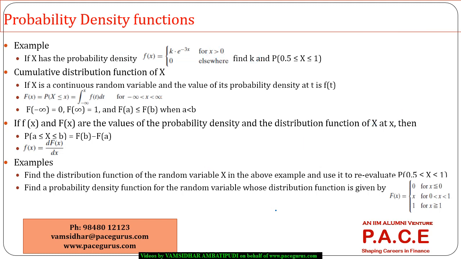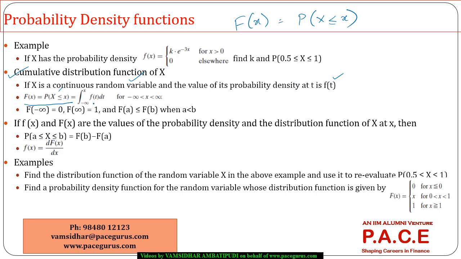Now here also, just like the way we had a cumulative distribution function in case of a discrete, where we said F of x is nothing but probability of X less than or equal to x, the same fundamental continues even in case of continuous as well. So when I'm talking about X as a continuous random variable, probability density is f of t.